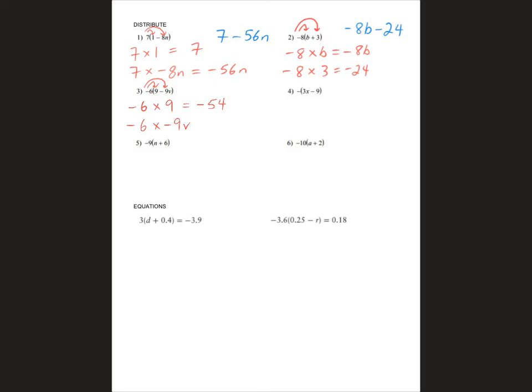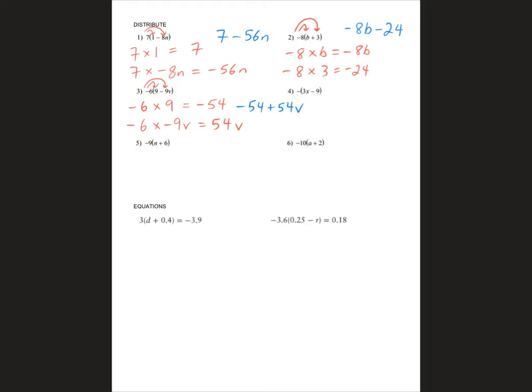And on the bottom here, we're going to have positive 54b. The reason it's positive is because a negative times a negative gives us a positive. And now we just write them side by side. Now, -54, and then we're going to have to put something in between these two. This is positive, okay? So we're actually going to put a plus sign in between them. So the answer is negative 54 plus 54b.